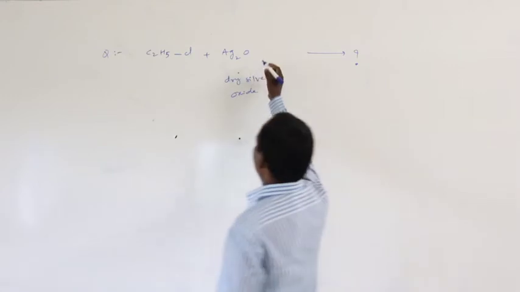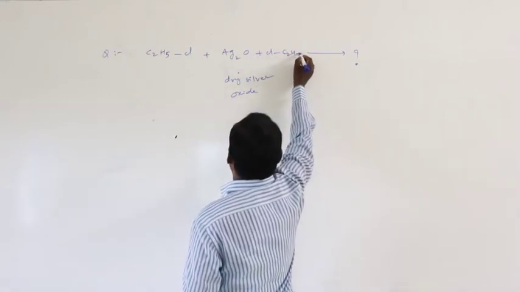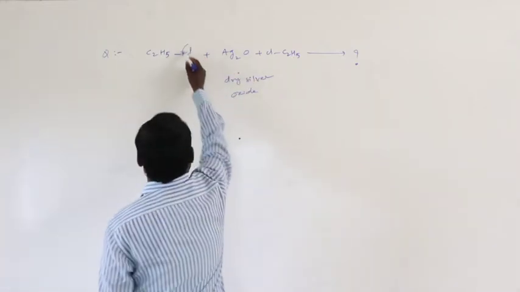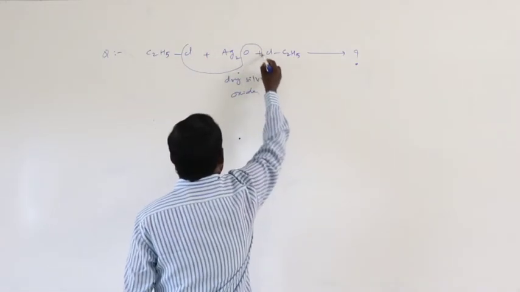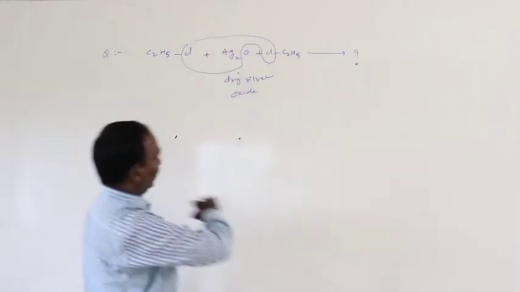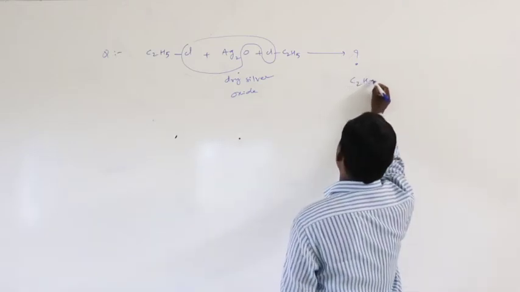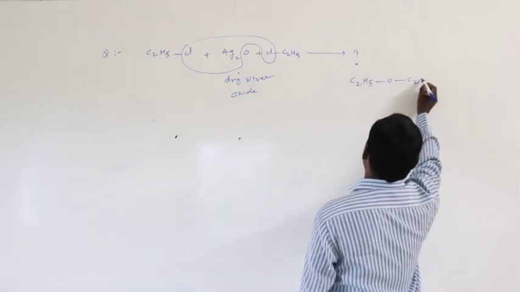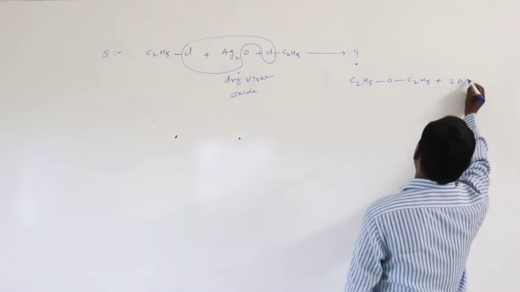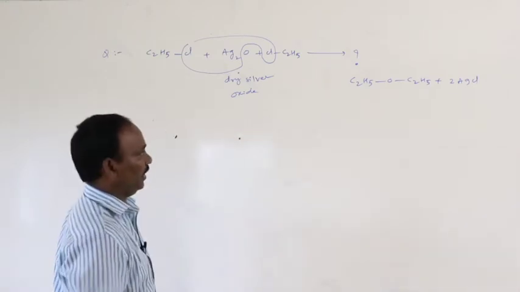So 2 moles of ethyl chloride C2H5Cl in the presence of dry silver oxide, removal of 2 moles of silver chloride, and diethyl ether, C2H5OC2H5 plus 2 moles of AgCl, silver chloride.